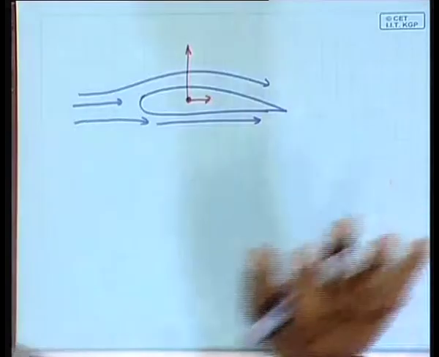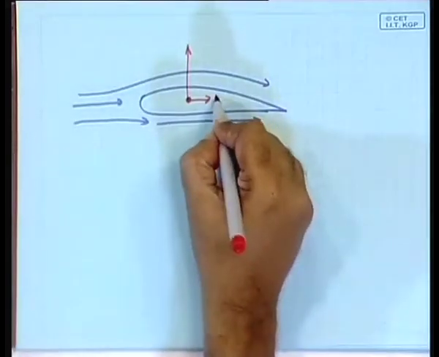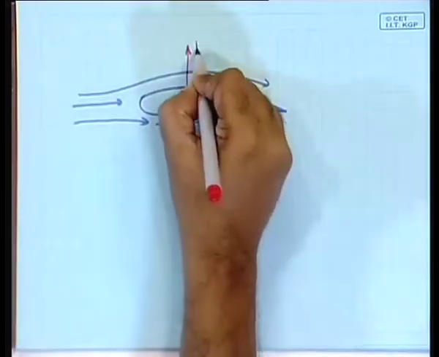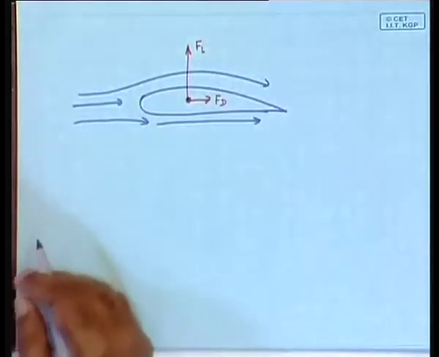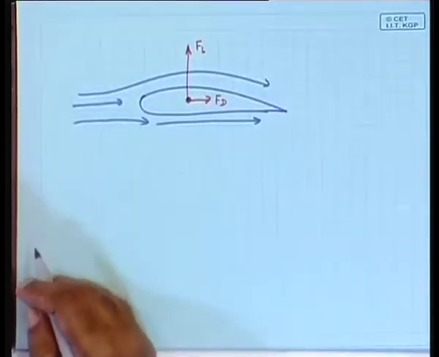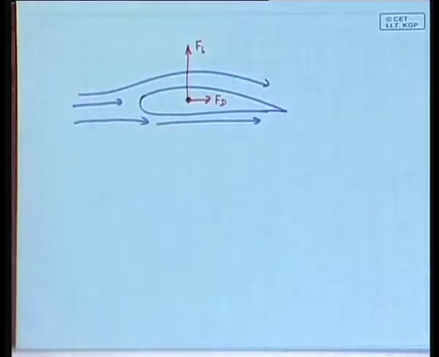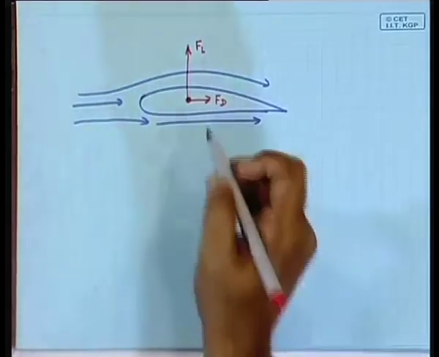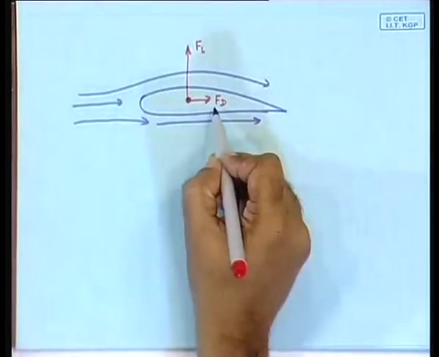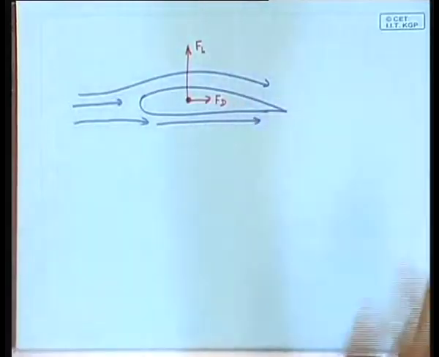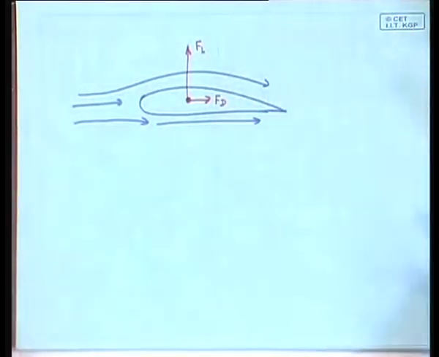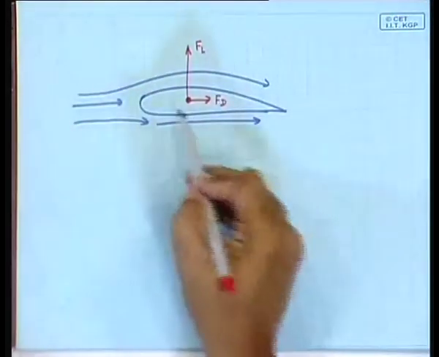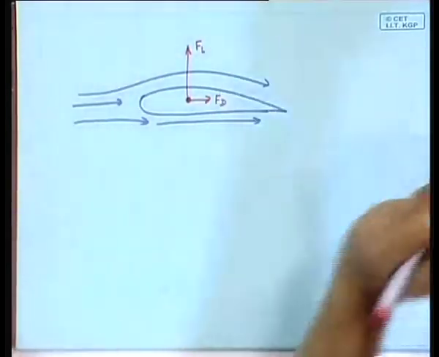So, there will be two forces really. This force is called the drag force and this force is called the lift force. In the case of the aeroplane, the drag force is overcome by the jet engine, and that is how it goes forward, and the lift force is what makes it float.